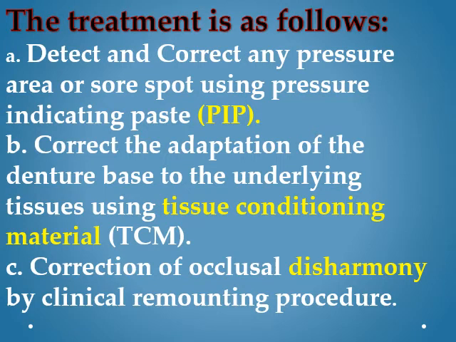Detect and correct any pressure area or sore spot using pressure indicating base. With the pressure indicating base, the PIB, I determine any areas causing pressure. Correct the adaptation of the denture base to the underlying tissue using tissue conditioning material. Correction of the occlusal disharmony by clinical remount.